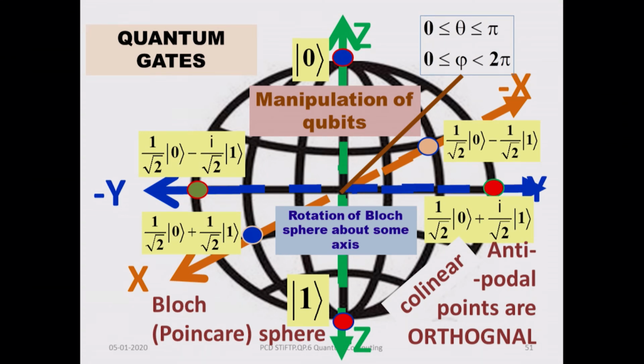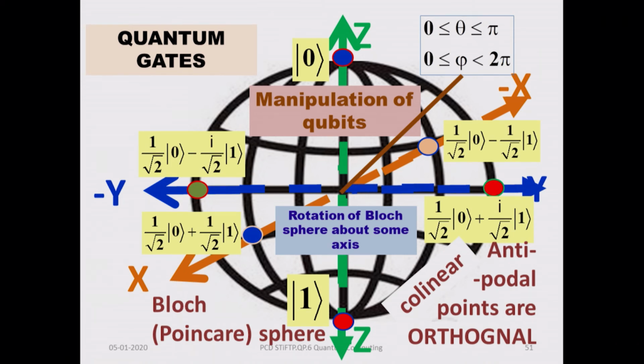Okay. So, quantum gates and quantum computation essentially boils down to manipulating the rotations about some axis of the Bloch sphere. Now, when you get to multi-qubit systems, 2 qubits, 3 qubits and so on, then you have to think of the Bloch sphere in a multi-dimensional space. So, it becomes a little more complicated to visualize, but with a single qubit it is really very revealing and it is a great idea.